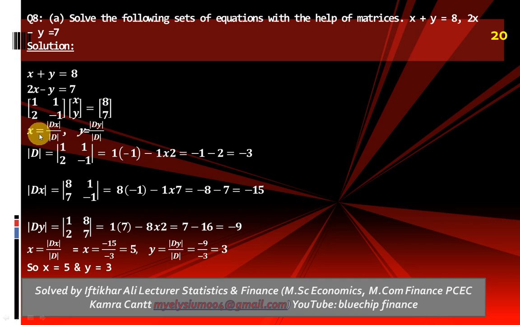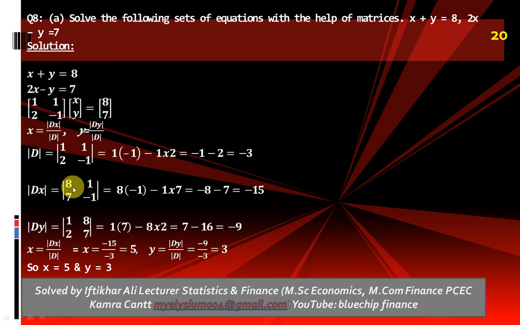And x equals determinant of dx divided by determinant d, and y equals determinant of dy divided by determinant d. The determinant d equals 1 multiplied by minus 1, minus 1 multiplied by 2, and the determinant is minus 3. Now take this column, put it here, and take the determinant once again.